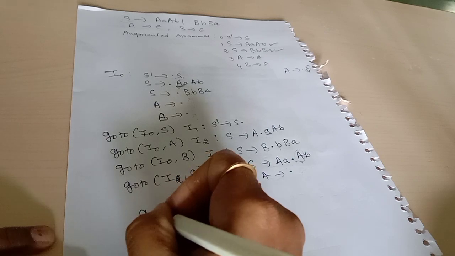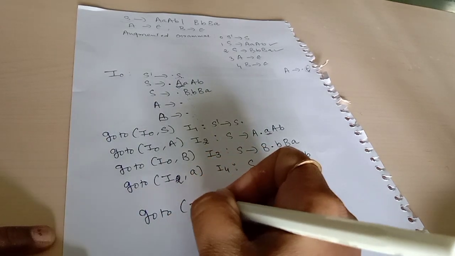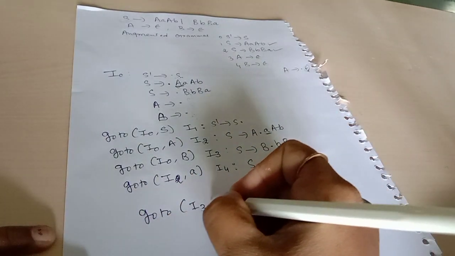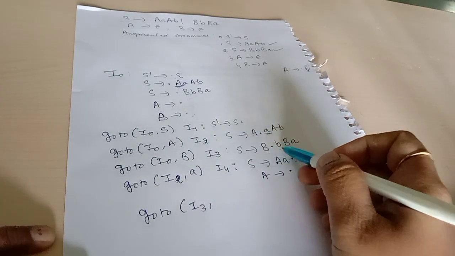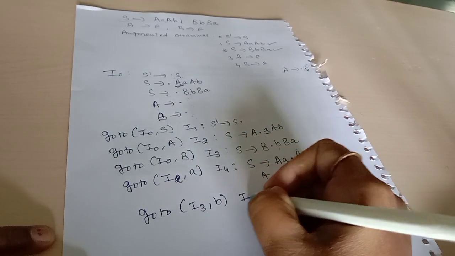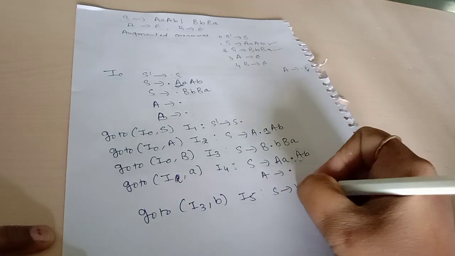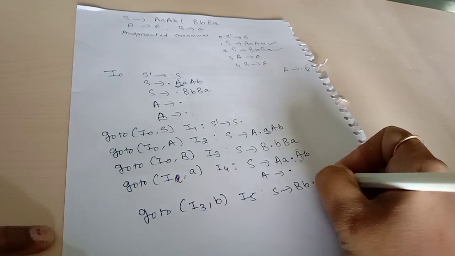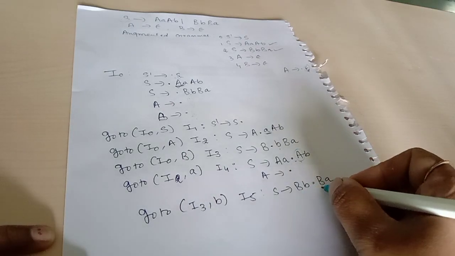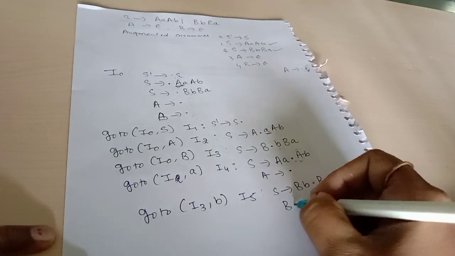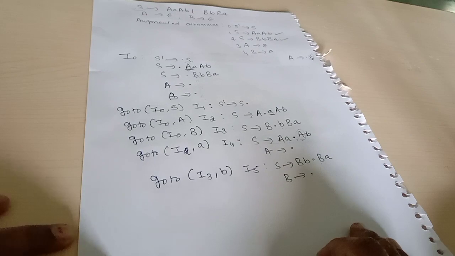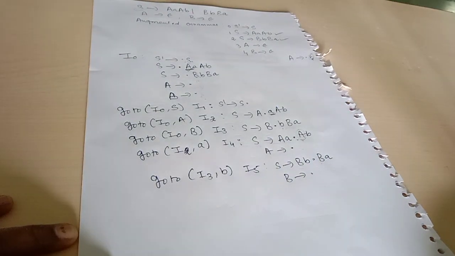Now I2 is done, now we are in I3. Go to I3. Now we are looking for B, that is my state I5 or item set I5: S → BB.BA. Now there is only one production of B, that is again B → null, which is done. Actually if we don't include it, then also it will be fine.